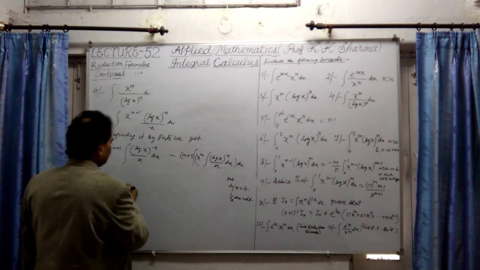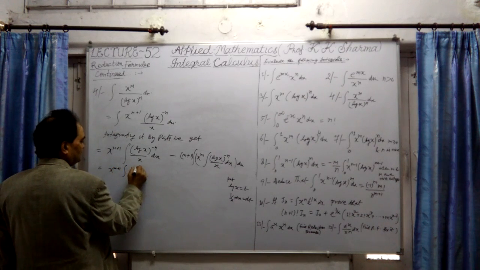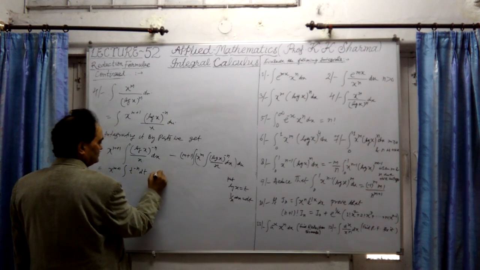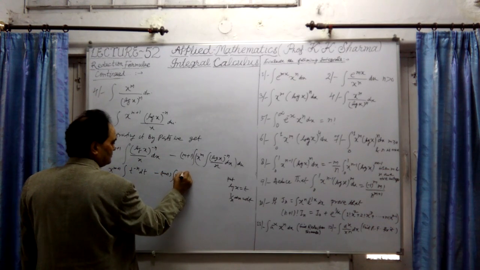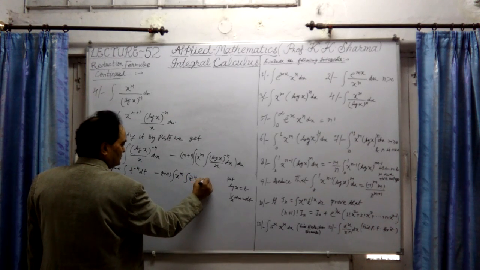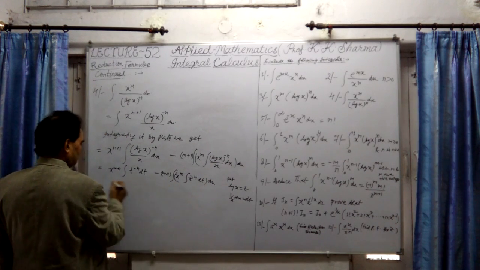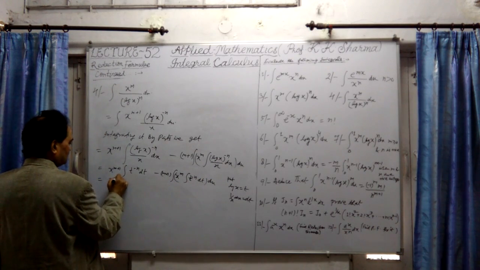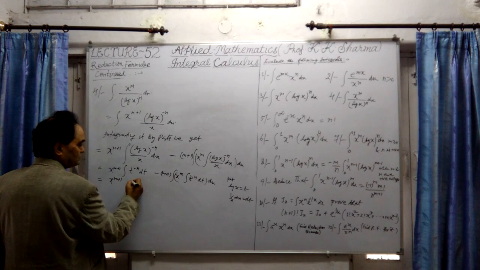Therefore we have x raised to the power n plus 1 times the integration of t raised to the power minus n dt, minus n plus 1 times the integration of x raised to the power n times the integration of t raised to the power minus n dt, whole dx. This integration is x raised to the power n plus 1 times t raised to the power minus n plus 1 upon minus n plus 1.